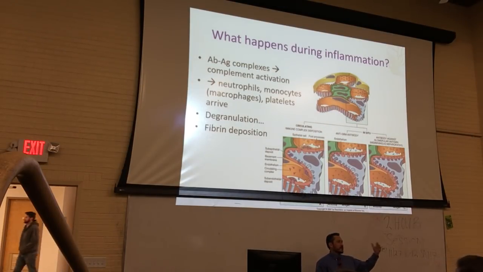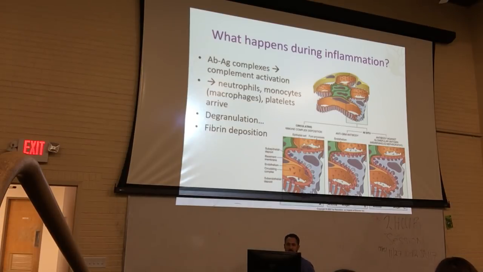So as the antibody-antigen complex finds its home, whether it's type 2 or type 3, it's going to stimulate complement. It's going to trigger neutrophils, monocytes to become macrophages, and platelets to show up. You're triggering inflammation at the level of the glomerular basement membrane. Okay? So you have a local glomerular inflammatory event that's chronic.